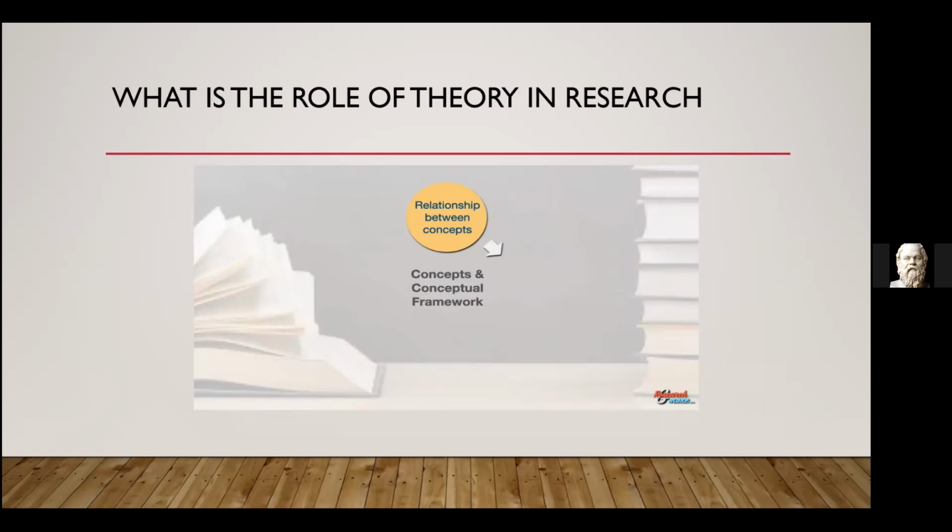The question is, what should we start with? Should we pick variables from literature and then look for the theories to explain them? Or should we analyze the theories and then pick the concepts from them? Kindly help me. That's the question.